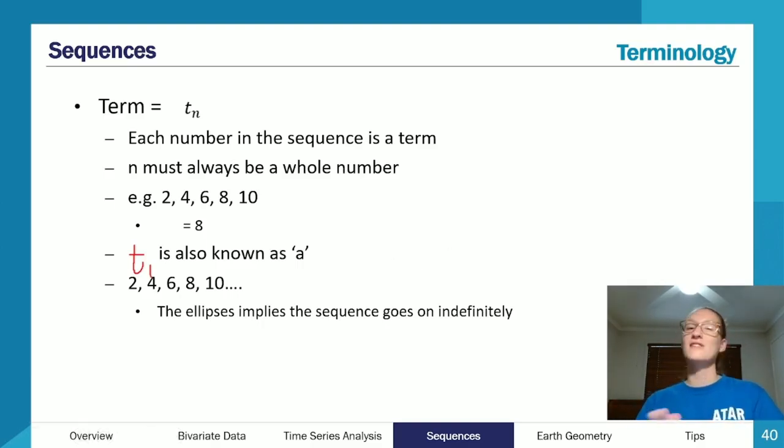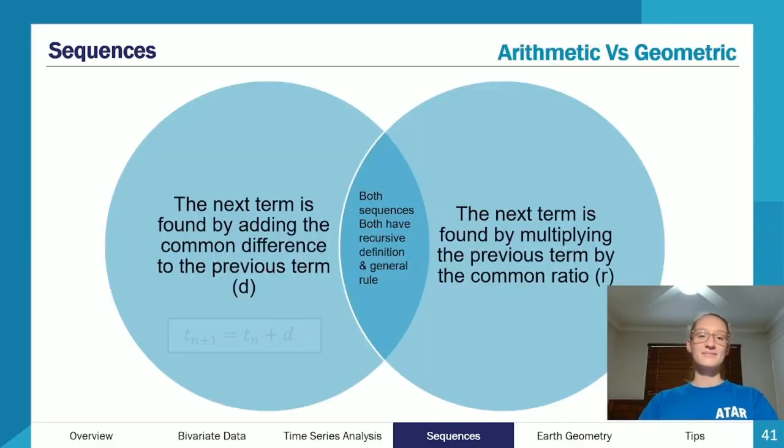Sometimes it might be T0, but that's a little bit more depth than we'll be going into today. So A is another way that we talk about our starting point. And our last little thing I'll draw your attention to is if we have an ellipsis, dot, dot, dot, that's just implying that the sequence goes on indefinitely.